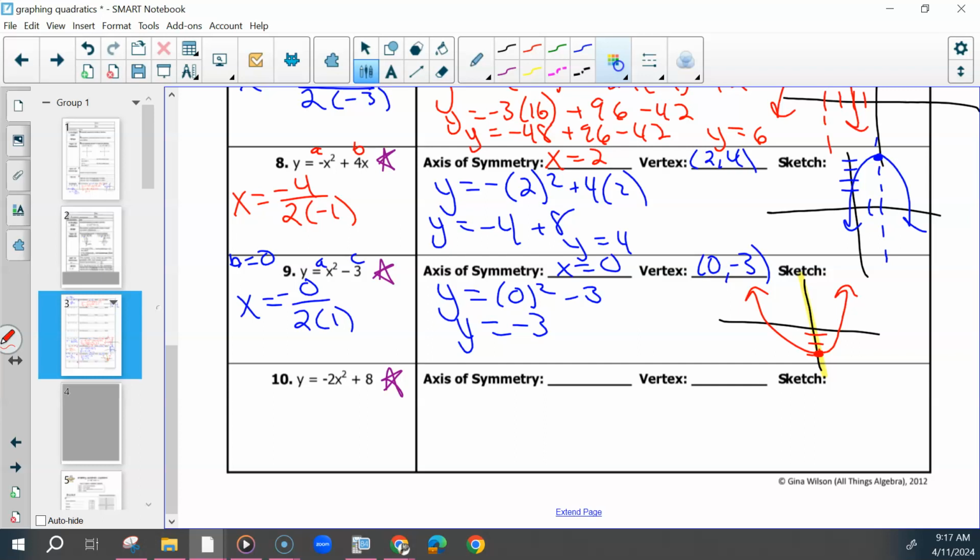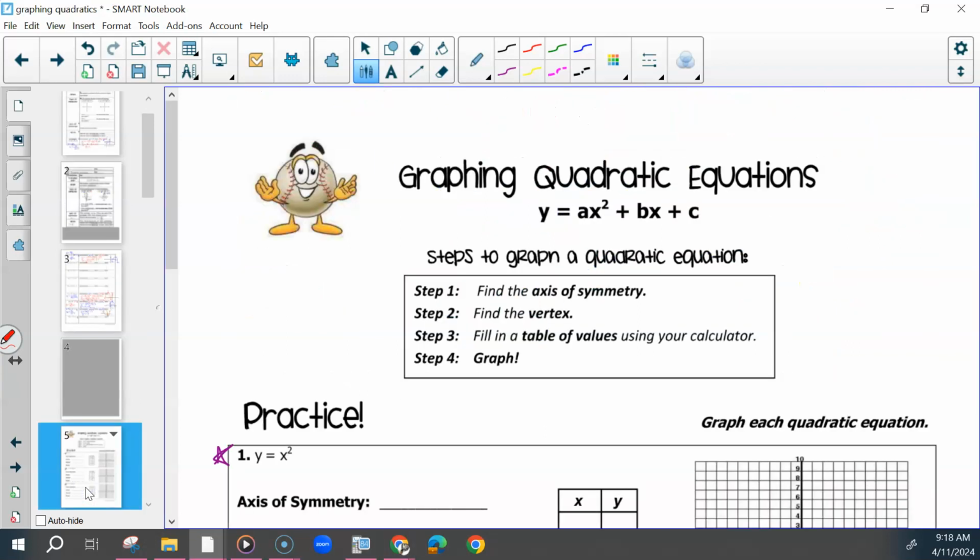Go on to the next page. So now we're going to actually graph this, find out how to graph it.